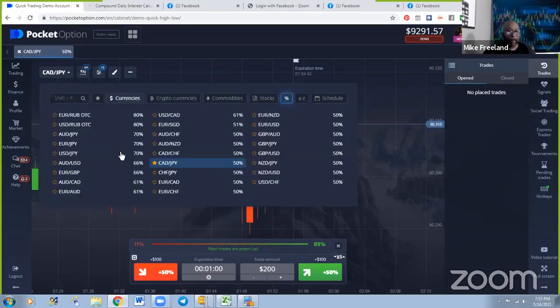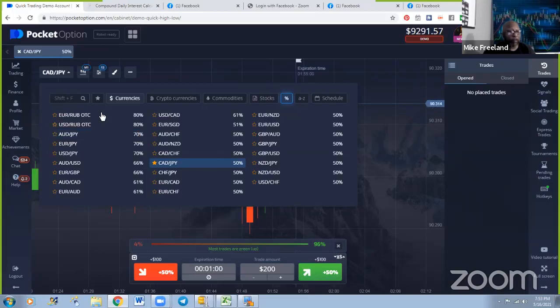Of course, they're just starting to come up. When I looked at this a little earlier, because the market had just opened, they were all pretty low, like in the 40s and 50s. They're starting to come up. We know that we do not trade anything below 70%.